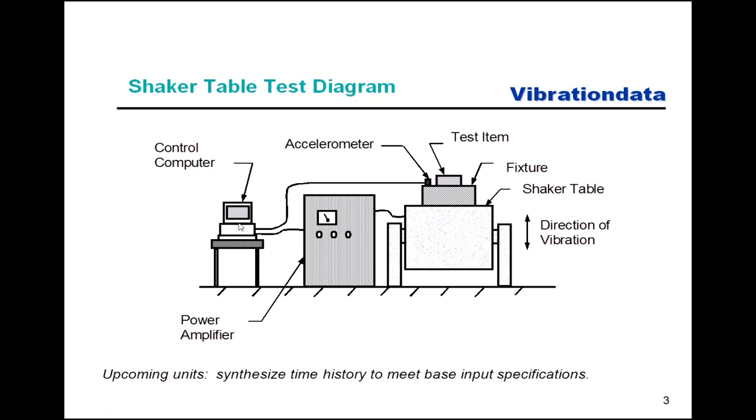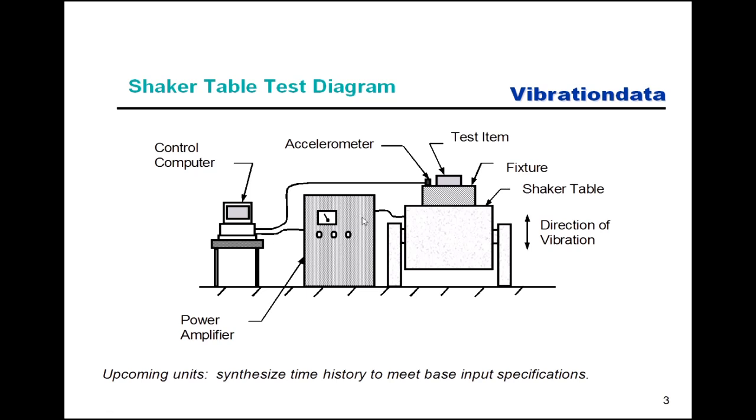Well, there's no way for this control computer to output a power spectral density or shock response spectrum directly. So the control computer has to come up with a time history. We say it has to synthesize a time history to match this spec, and that's what it outputs in terms of a voltage signal to the power amplifier.